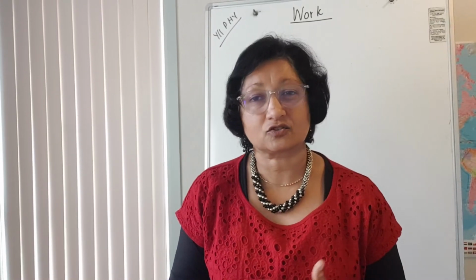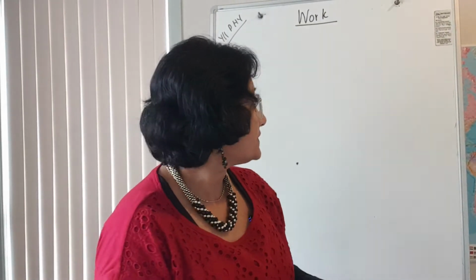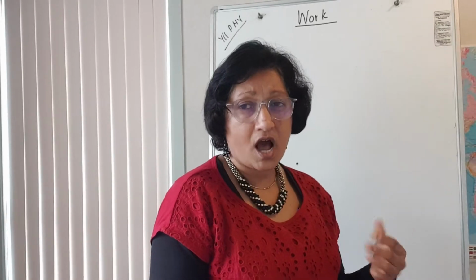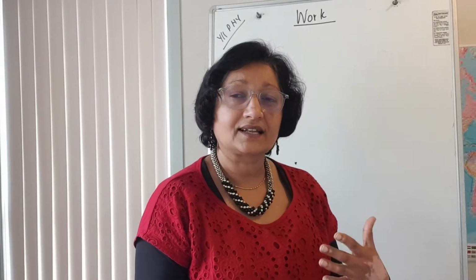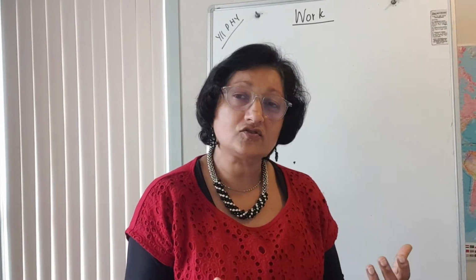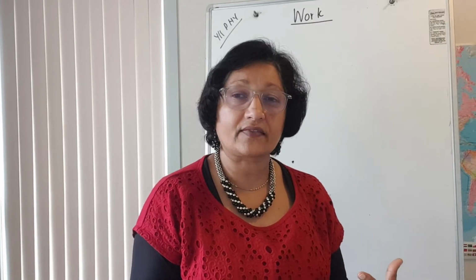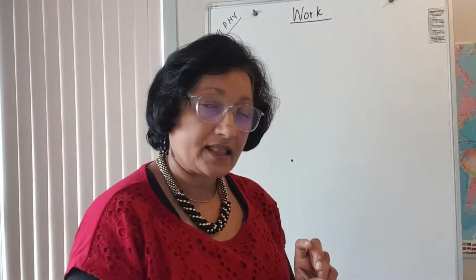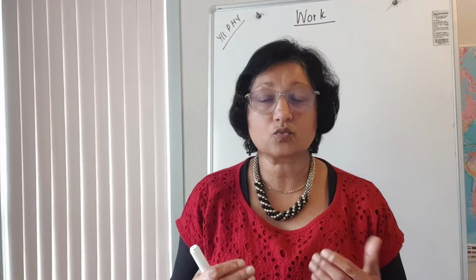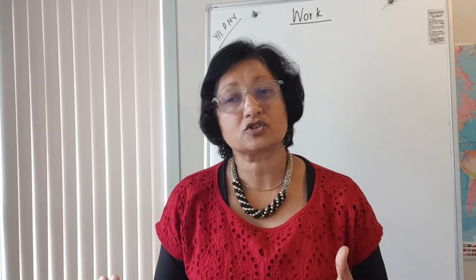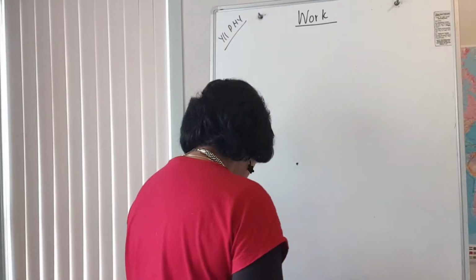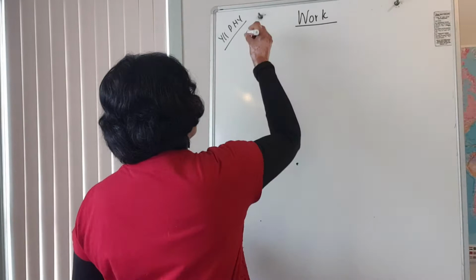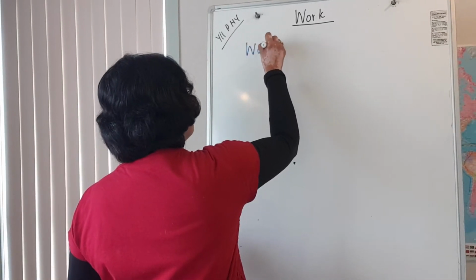So in year 11, it's all the same, okay? First of all, I'll write down how to calculate work, and then I'll also tell you that whenever you change energy from one form to the other, you need to do work. Therefore, the unit in which work is done is equal to the unit in which energy is measured. They're both measured in joules. So, how do you calculate work?